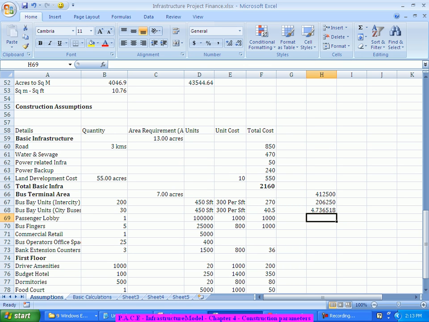Now land wise I have 7 acres. We need to keep some spaces, and everything cannot be tightly packed. So within 7 acres I can comfortably build, because the built up area is around 4.73 acres, whereas the land I am looking at is around 7 acres, which is more than sufficient.